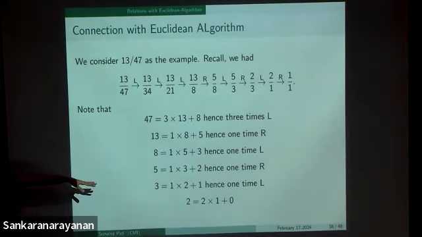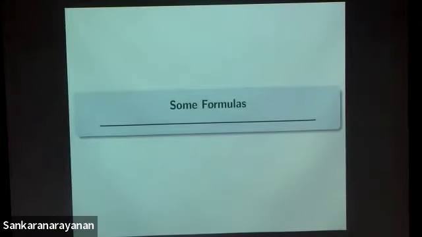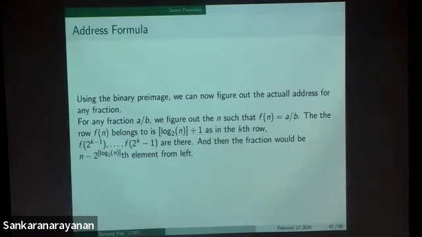Any questions? No questions? Yeah, some formulas. If I have a number a by b, can you figure out which row it belongs to?